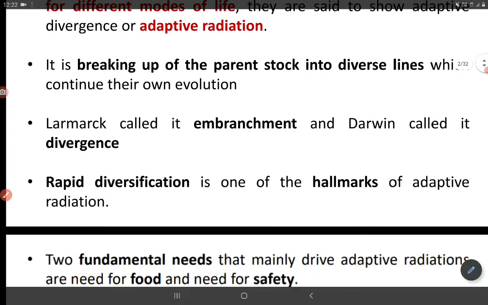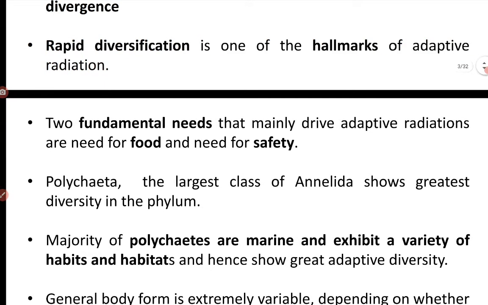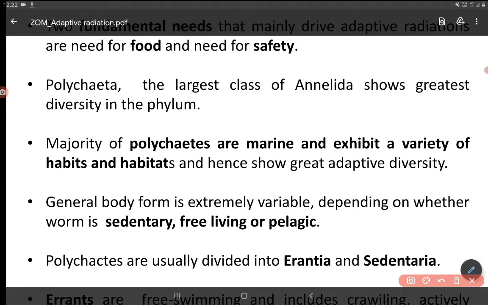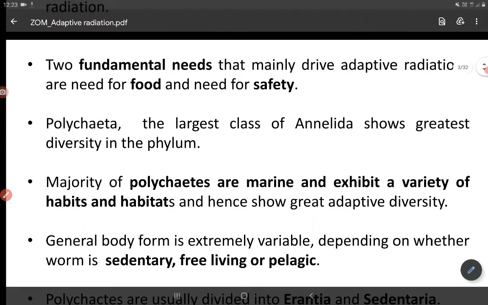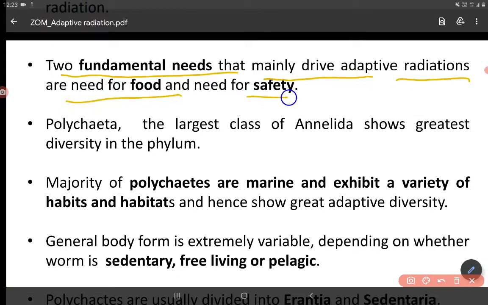Let's go to the next slide. The two fundamental needs that mainly drive adaptive radiation are the need for food and for safety. Like we saw in Darwin's finches, why they separated into different types of beaks, why they adapted themselves in different types.